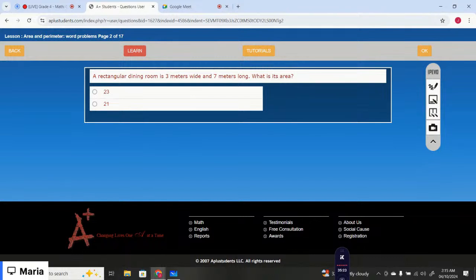A rectangular dining room is 3 meters wide and 7 meters long. What is its area? Which is the correct option?